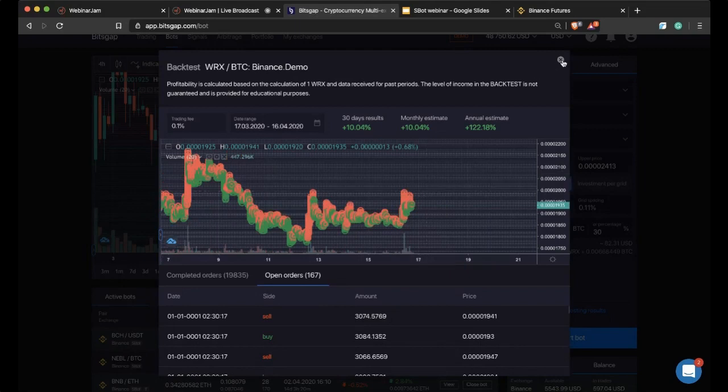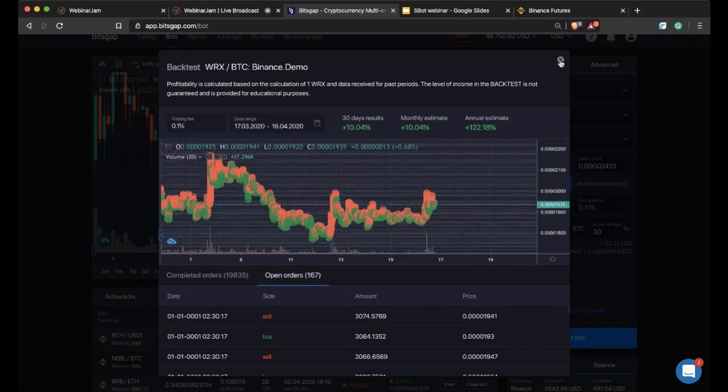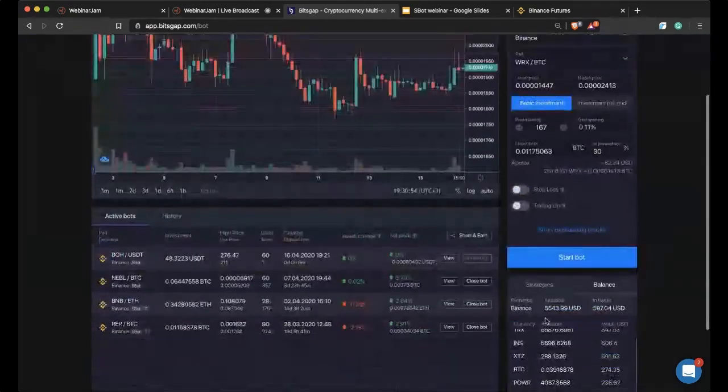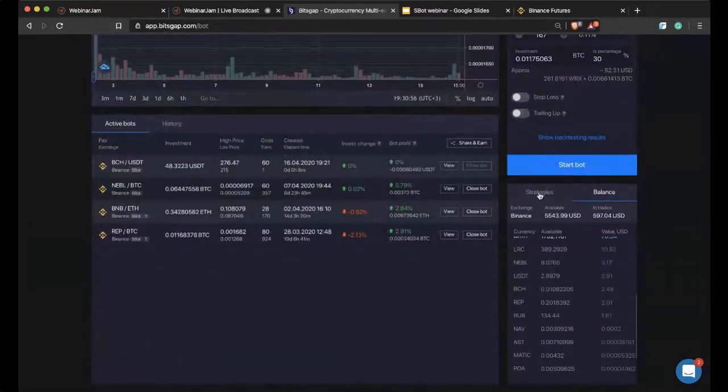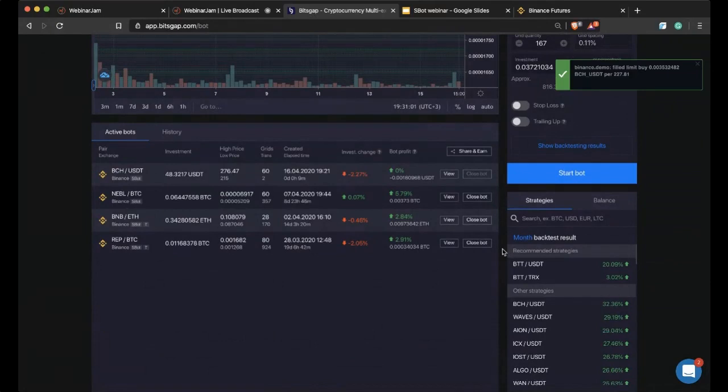So you can use the backtest to make sure that you like the return for this particular currency. And as the Bitsgap team has recommended this optimal strategy, it may be worth considering.